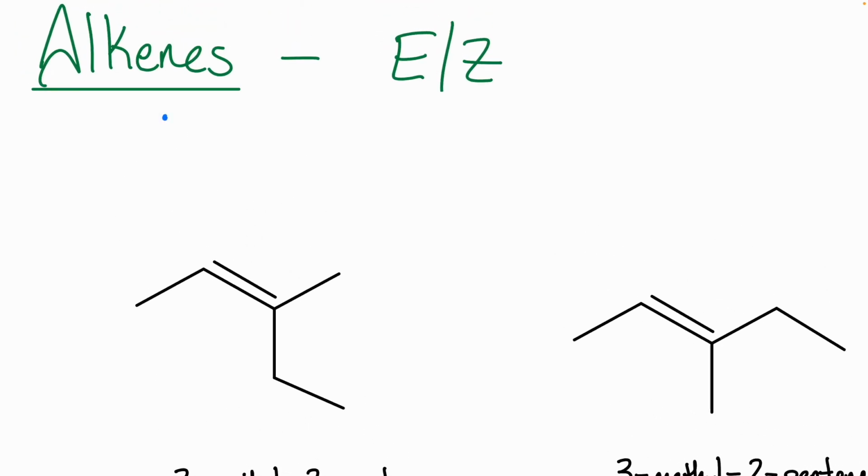So how do we assign E or Z? What we're going to do is chop this molecule at that double bond. I'm going to say hiya, down the middle, boom. And what we're going to do is look on either side and assign the 2 groups high or low priority.